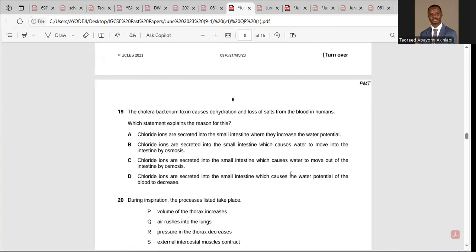The correct option there is option C, because chloride ions that are secreted into the small intestine will make the blood have a high water potential, and that will make water move by osmosis from the blood into the small intestine, which will lead to diarrhea in the person that is suffering from it.